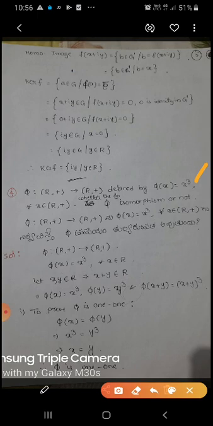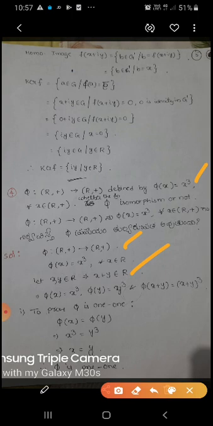So what is given? φ: R → R+, φ(x) = x³ for all x belongs to R. Let x, y belong to R, which implies x + y belongs to R. So that implies φ(x) = x³, φ(y) = y³, φ(x + y) = (x + y)³.